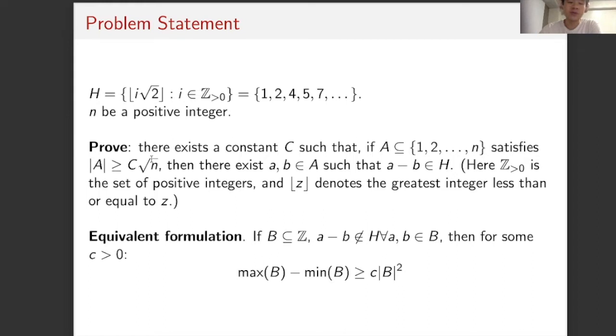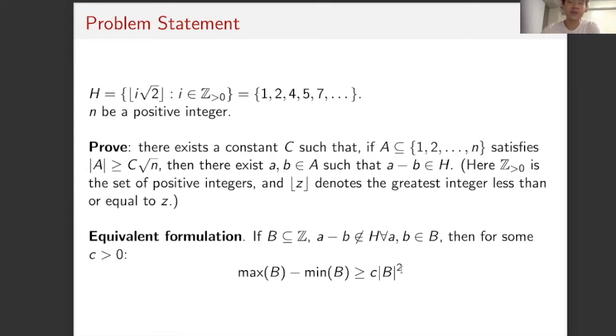Yet another way to formulate this problem is that if B is any subset of the positive integers, and we fix the size of B to be, say, k, and also B fails this condition, meaning that for any pair of numbers in B, A minus B is not in H, then the gap between the biggest and the smallest number in B is at least in the order of the size of B squared.